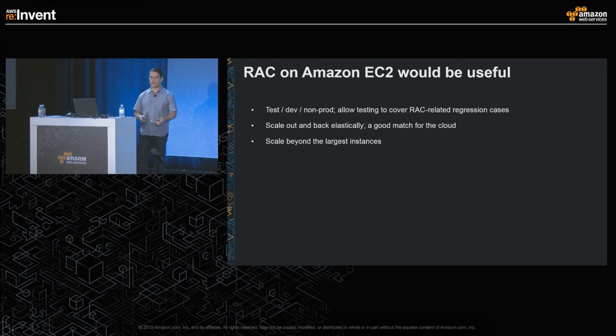If we were on traditionally hosted hardware, we could go buy a gigantic engineered system and pay a bunch of money for that, but at least we'd be able to scale beyond the size of that machine. If we can run RAC on EC2, it would be pretty great because if you exhausted the capacity of our largest instance, you could go ahead and add another one, add one after that. So just expand beyond that size.